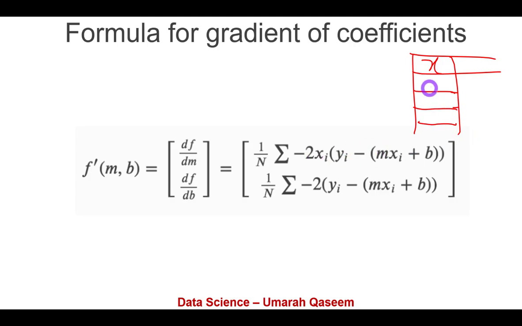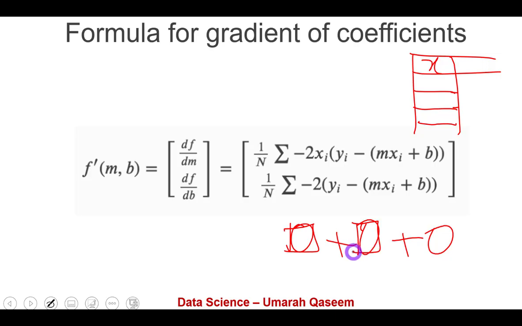So with all the three values, we'll get three different answers, and then we will sum up all those three different answers. This is not 0, this is just the space for some value, right? So assume this is some value. So we will add up all the three values, and then we will divide by n. N is the total number, right? Okay, I'm going to implement it and you'll understand it better then. Let's see.